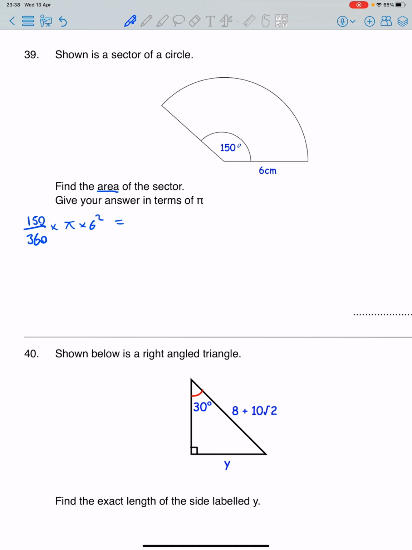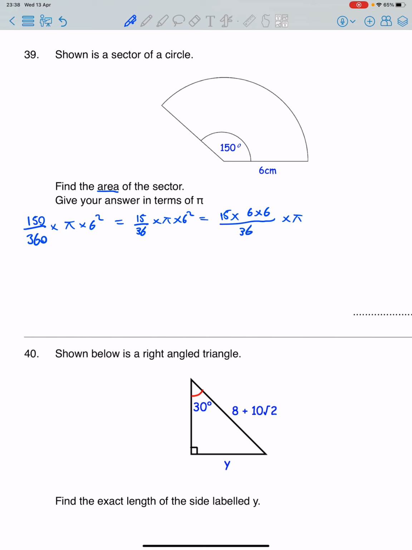So 150 over 360, we can simplify that a little bit, so that's 15 over 36 times pi times 6 squared. We can do this in so many ways. So if I just put it like this, 15 times 6 times 6 over 36 times pi. Where's that come from?